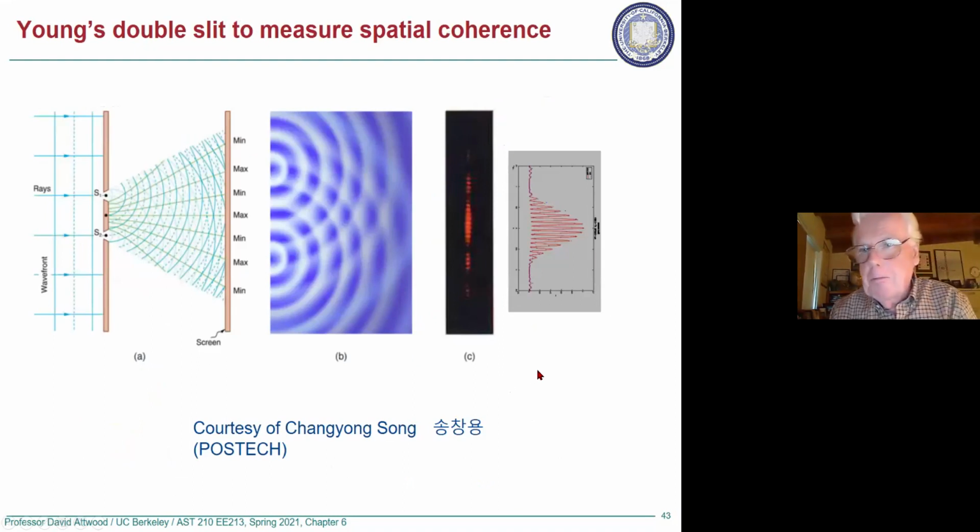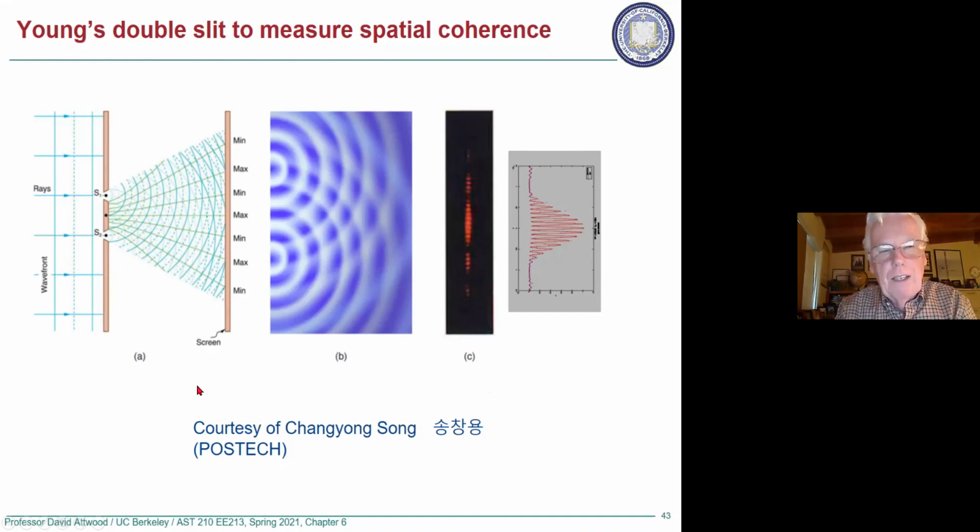Now we're going to talk about coherence properties. I borrowed this from a scientist at Postech in Korea, Sung Chang-young, and he made this nice diagram. It has to do with them measuring the spatial coherence using Young's double slit, of their undulators at their synchrotron, but also at the FEL.